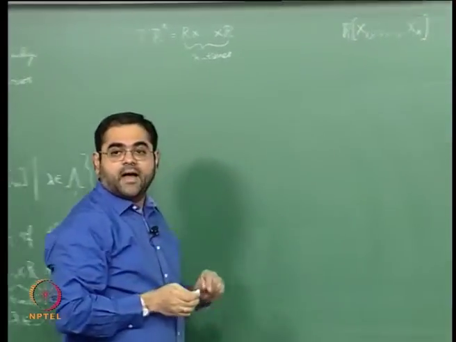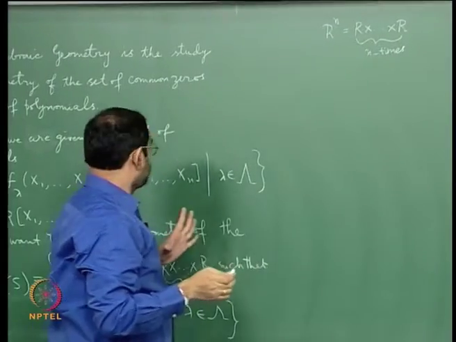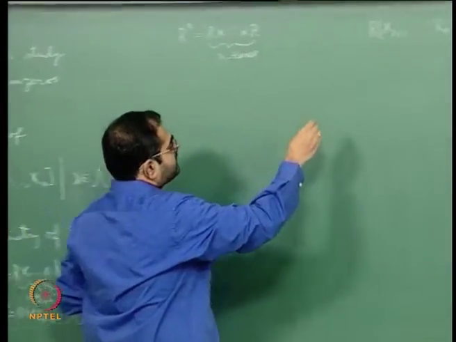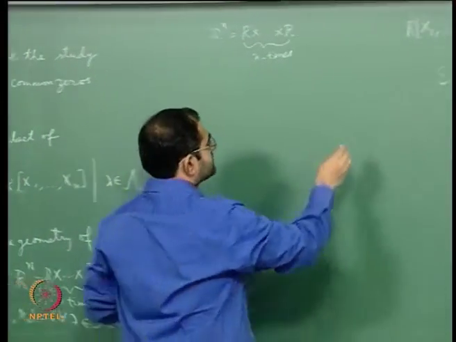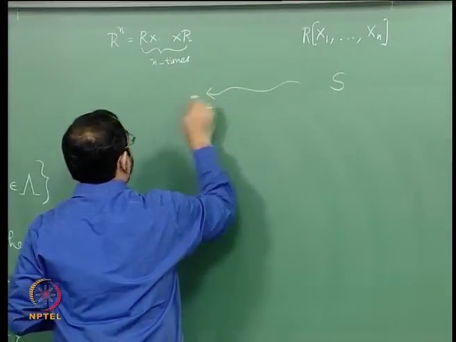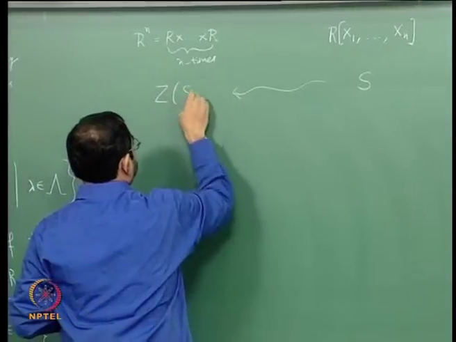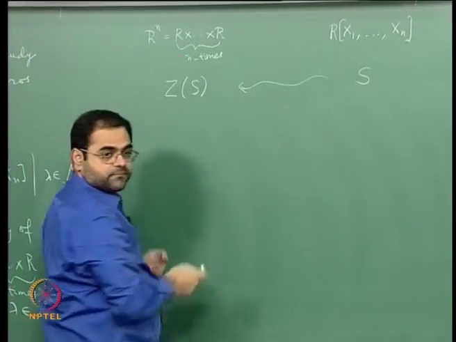And what is happening is that I am given a subset S of the polynomial ring, and I am associating to that subset the set of common zeros of that subset, which is a subset of Rn.